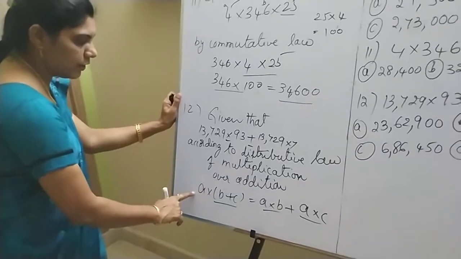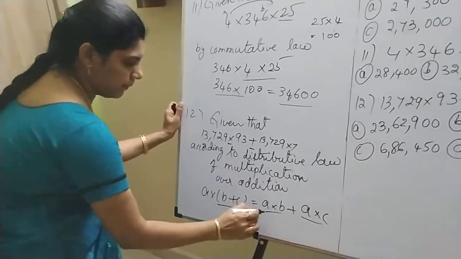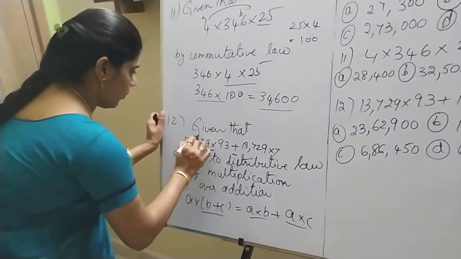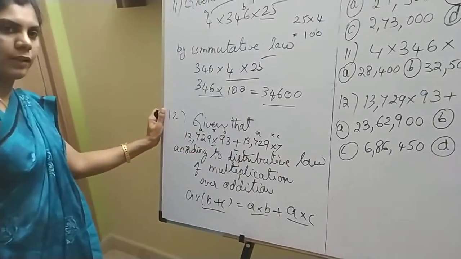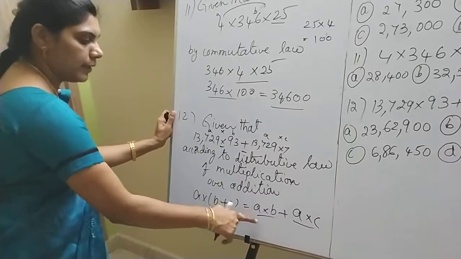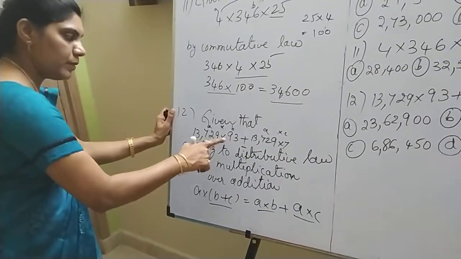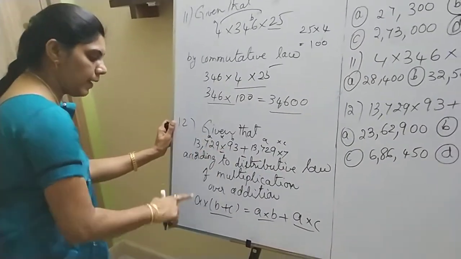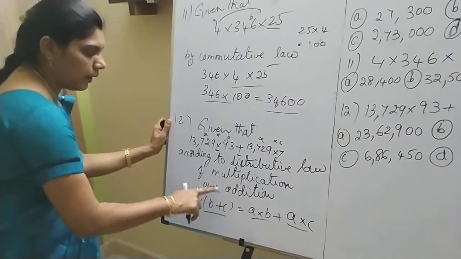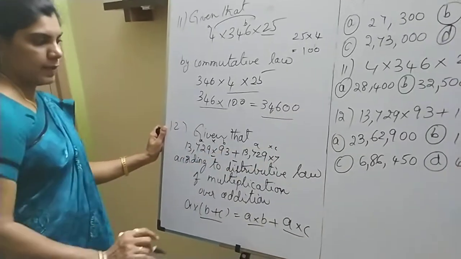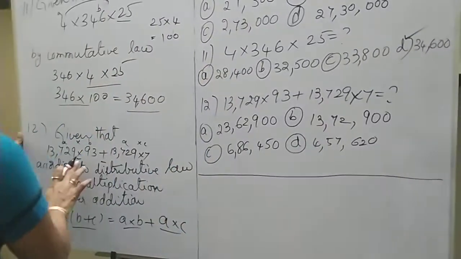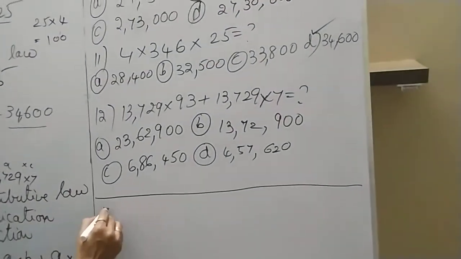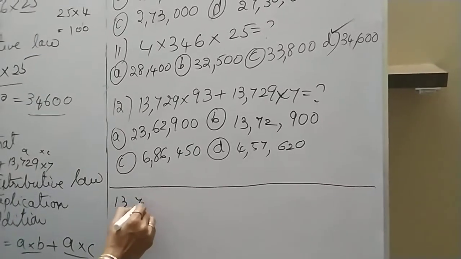So I am applying this one here. If you observe here, A into B, A into C. So like this they have given here. So I can take this A as common, into B plus C. I am taking A as common, 13,729.